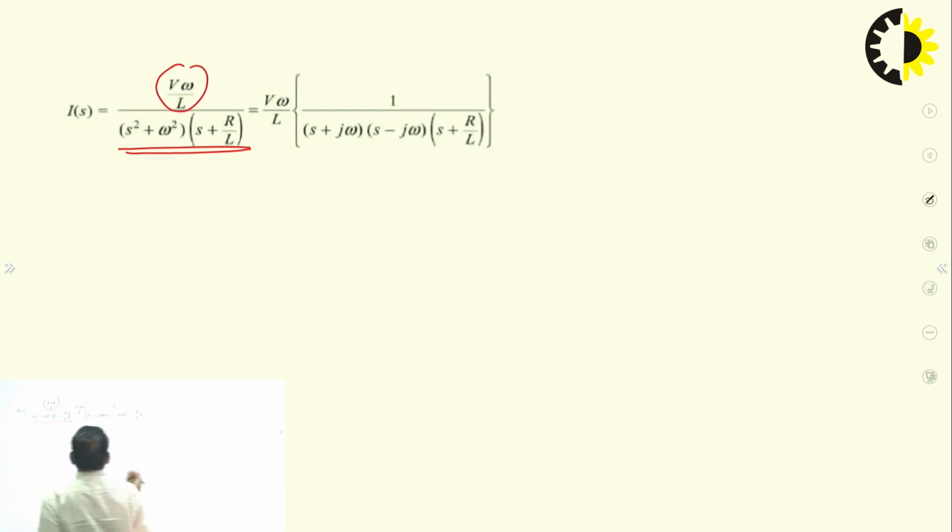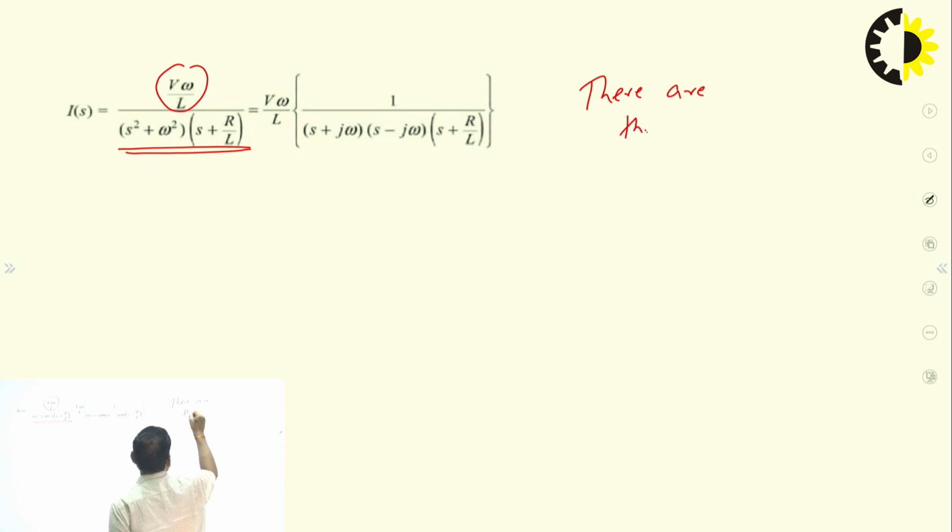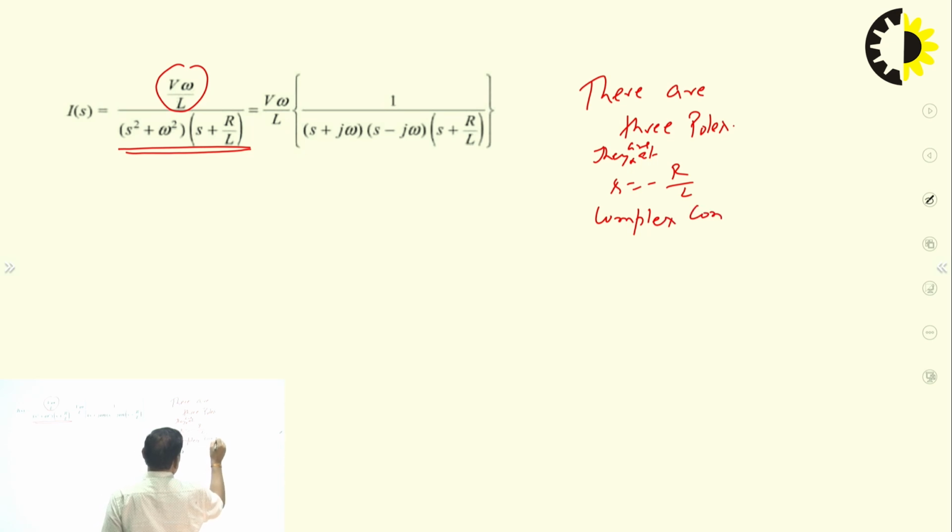So, there are three poles. They are at s equal to minus R by L, and the complex conjugate poles at plus minus j omega.